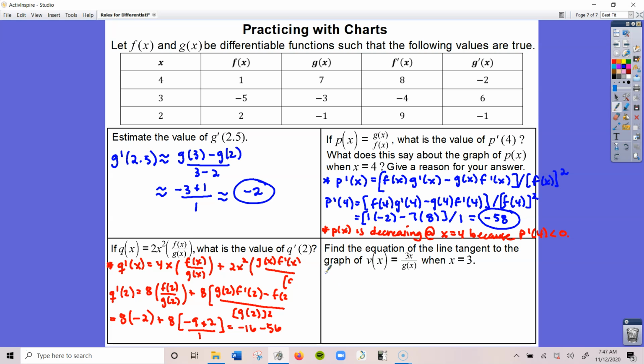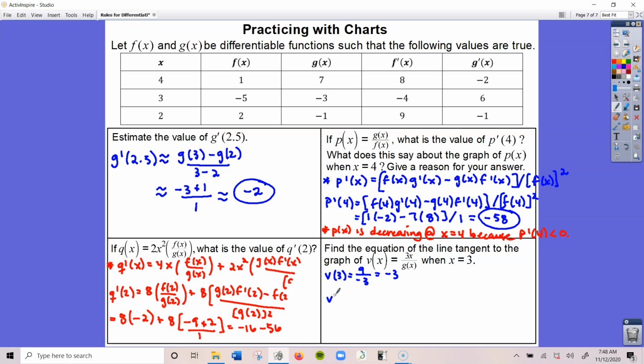So first I need that point of tangency, so I need v of 3, which is going to equal 3 times 3, so 9, over g of 3, which is negative 3. 9 over negative 3 is negative 3. So that's my point of tangency.